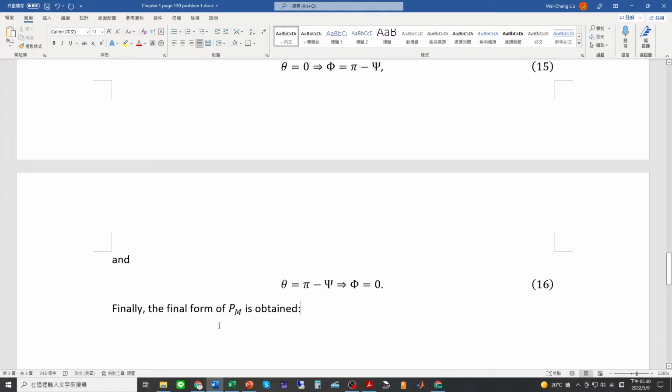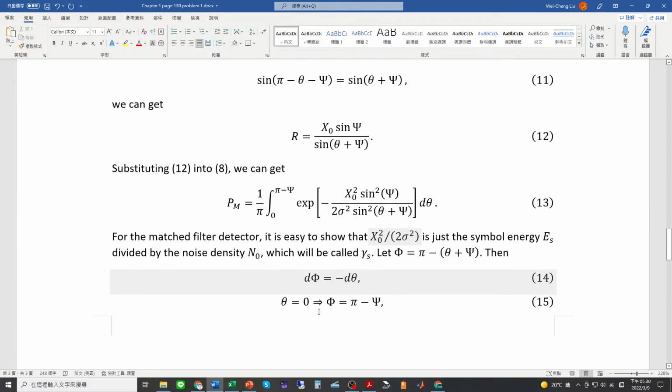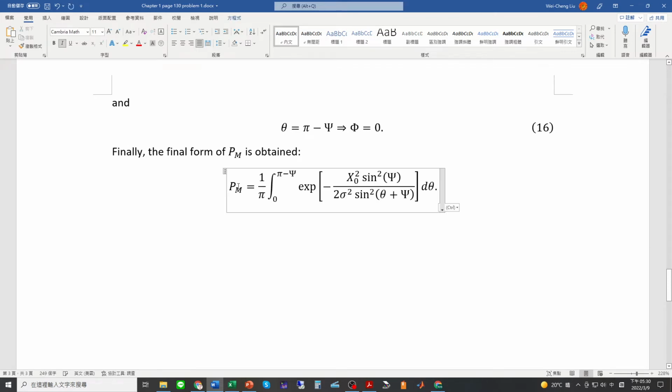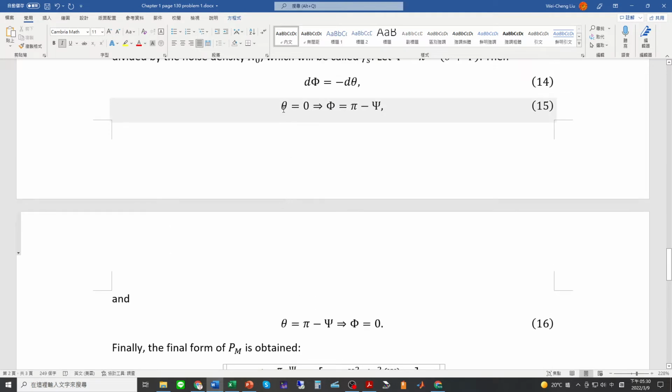Okay, finally, the final form of PM is obtained. PM is equal to 1 over pi, and the limits must be changed. When theta is equal to 0, phi is equal to pi minus psi.